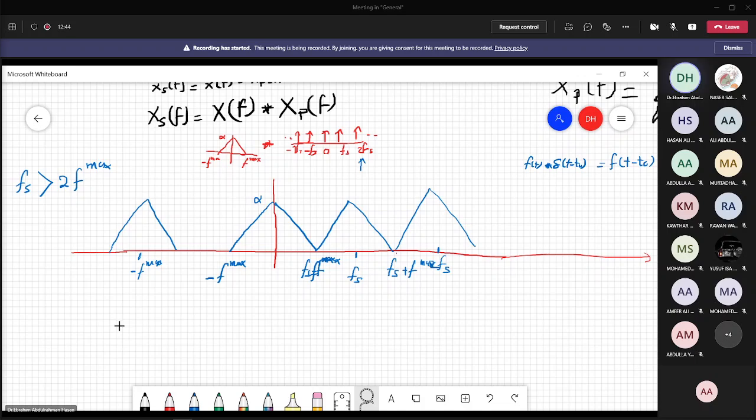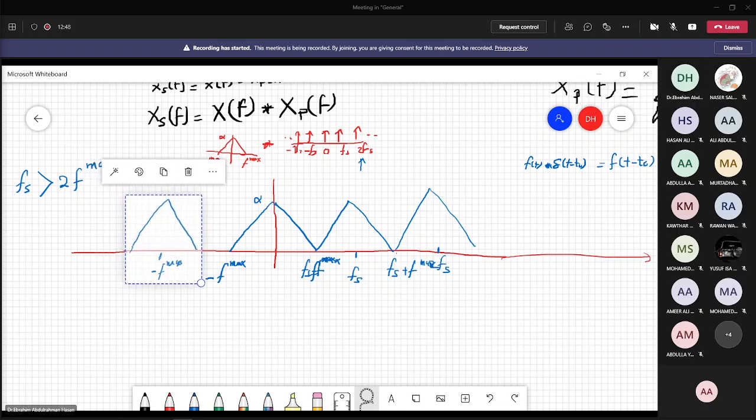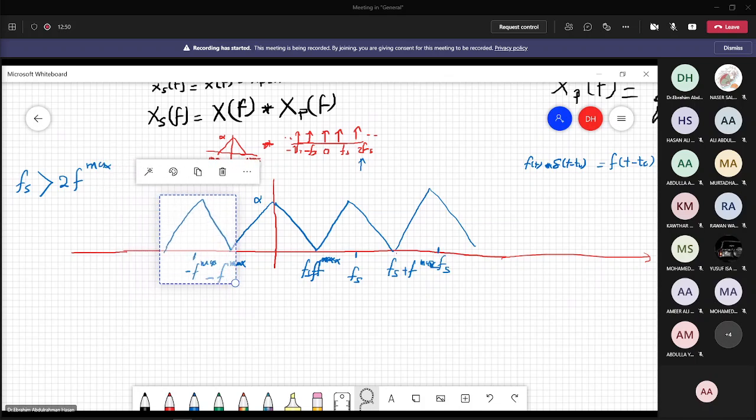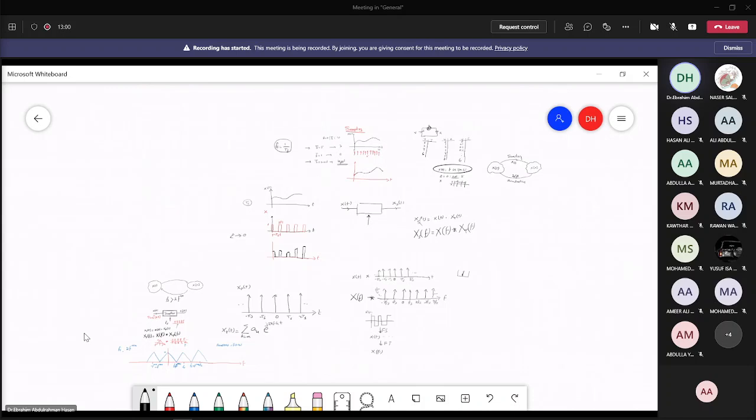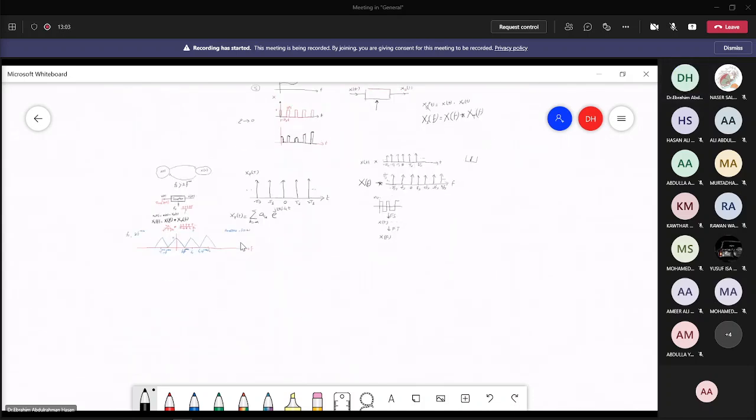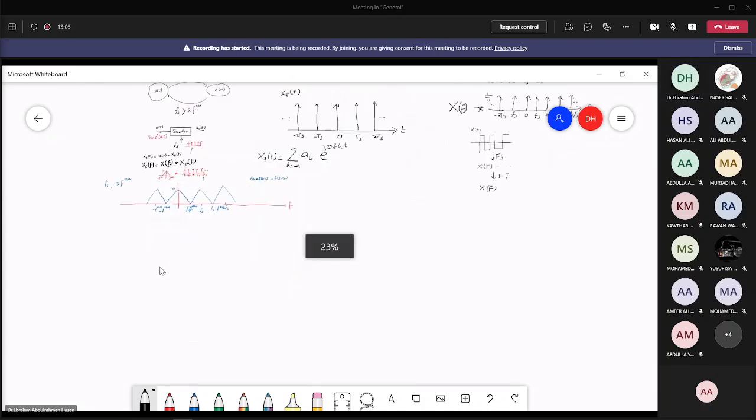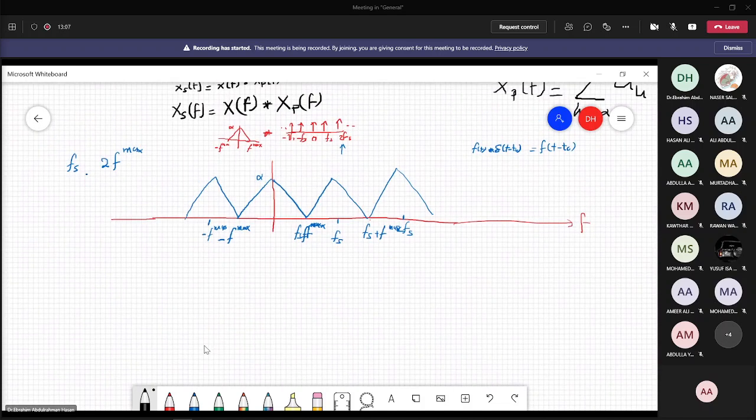Okay, similarly this. Okay, so then this is the case where fs is exactly equal to 2 f max.